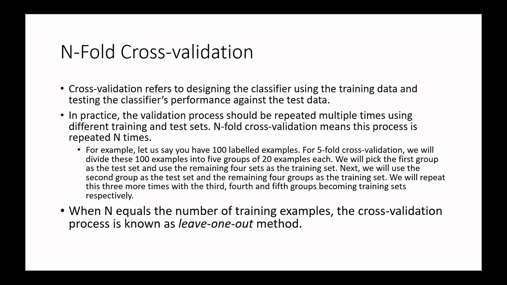If you are building a model and through this process you find that the model performance is more or less very similar every time, that means your model is not tuned to a particular collection of training examples. It's fairly general, and you can go ahead and work with it.